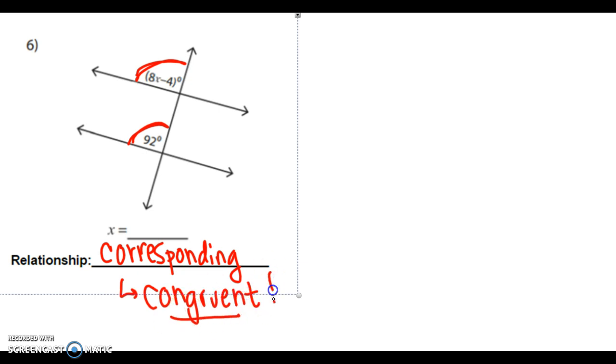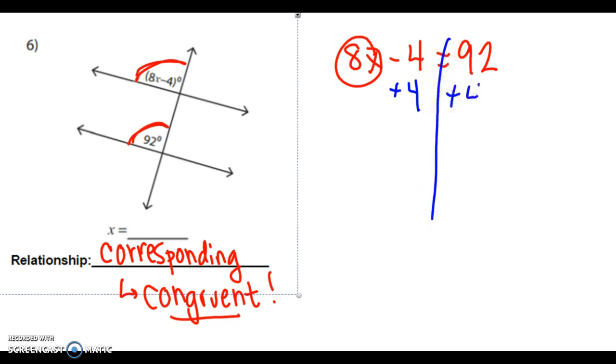So with that in mind, I'd like you to pause the video, and I want you to solve for x. So since these angles were congruent, your first step should have been to set them equal to each other, and then go through the process of solving for x. I'm circling the term with my x, and then I'm going to get it by itself by getting rid of the other number first.